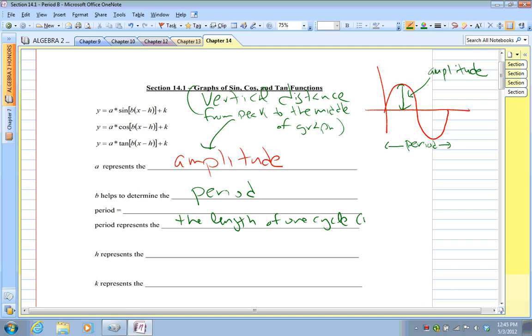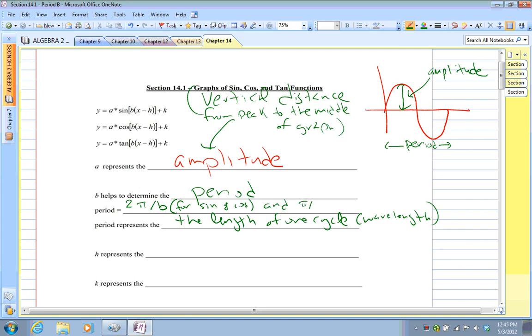Another way to think of it, wavelength, the length of one wave, right? Some of you guys have seen that in chemistry. So the formula to find the period, because B is not the period. B helps determine the period. The period is actually going to be 2 pi divided by B. And that formula is used for both sine and cosine functions.